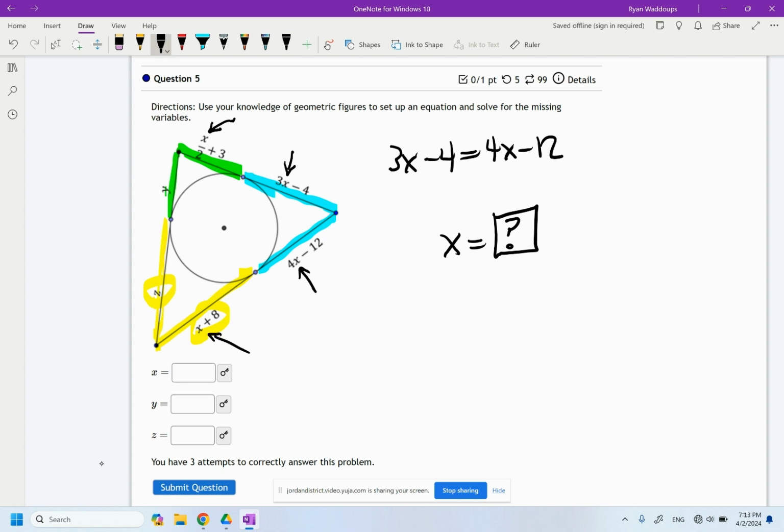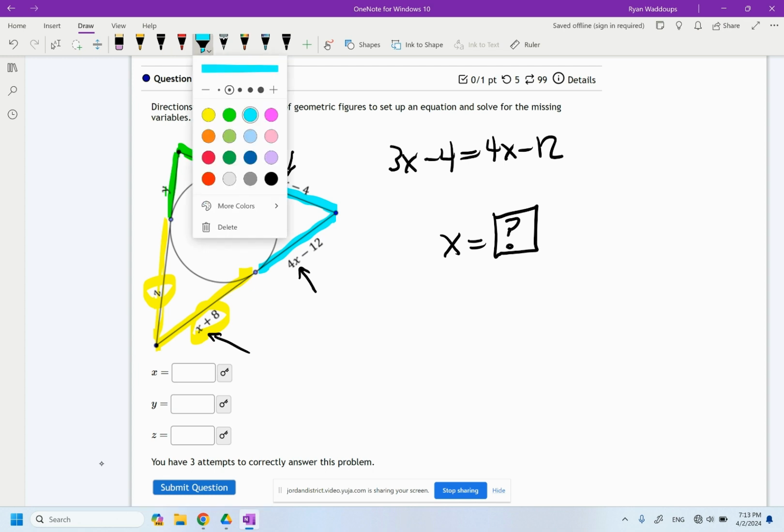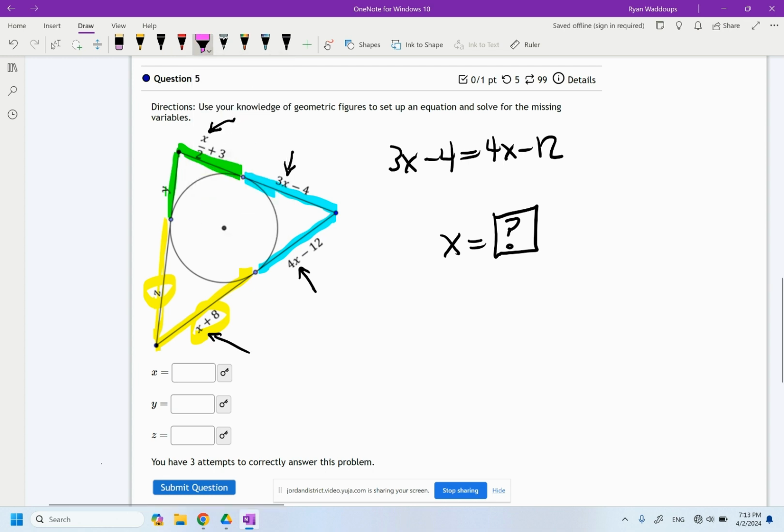So you can substitute that value. Let's use a different color for that. Whatever we come up with x being here, it's going to be true here, here, here, and here. Then if I know what x is here, I know what this segment is, and z would be the same. Once I know what x is here, I can divide it by 2, then add 3, and y will be the same. That way I can find out what all of those equal.